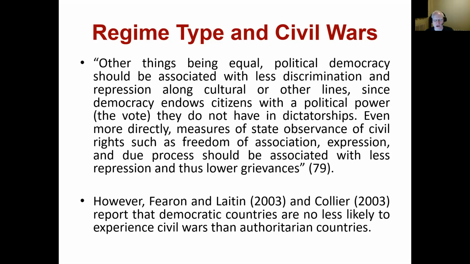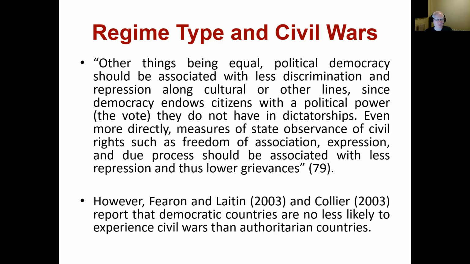In a non-democracy, if you've got a grievance against a government, you have limited recourses to be able to change the policy, to be able to participate in the political process and make changes, because they're closed systems that aren't particularly responsive to the views of others. So in a non-democracy, if it's an important enough grievance for you, your only recourse may be to engage in a civil war.